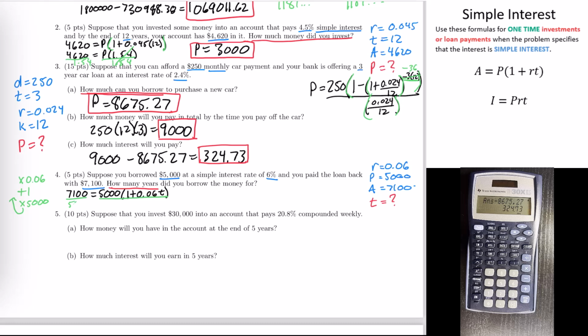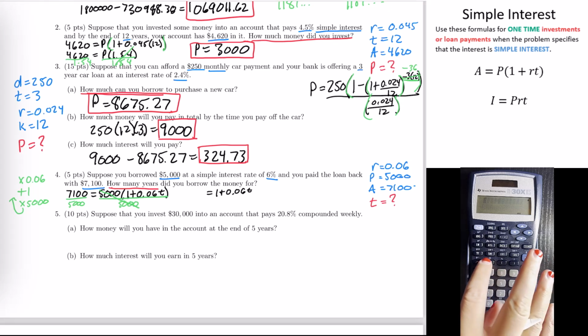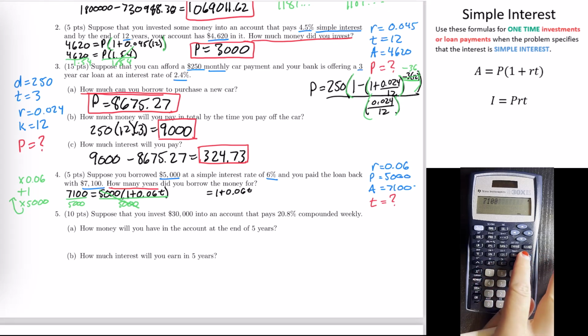So my first step is to divide by 5,000 on both sides. And when I do that, the 5,000s cancel, and I get 1 plus 0.06t equals whatever 7,100 divided by 5,000 is. It looks like that's 1.42.